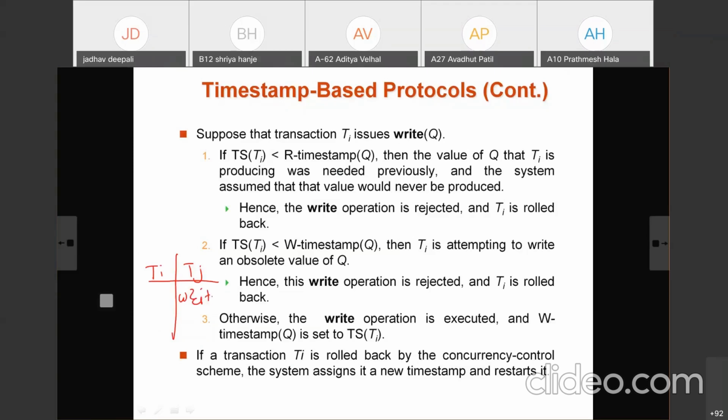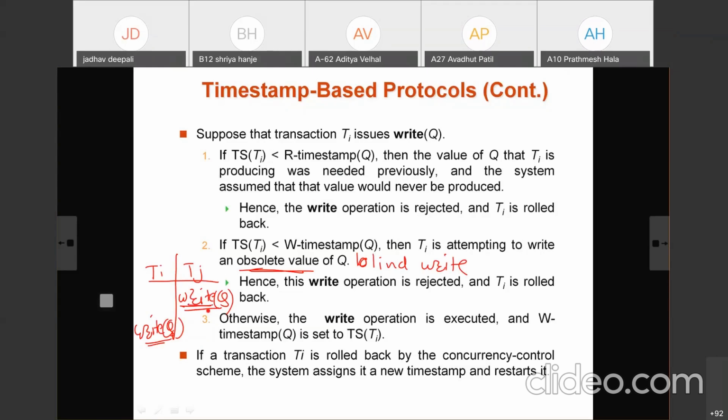Another case: if TS(Ti) is less than W-timestamp(Q), then Ti is trying to write a value which is already written by another transaction.